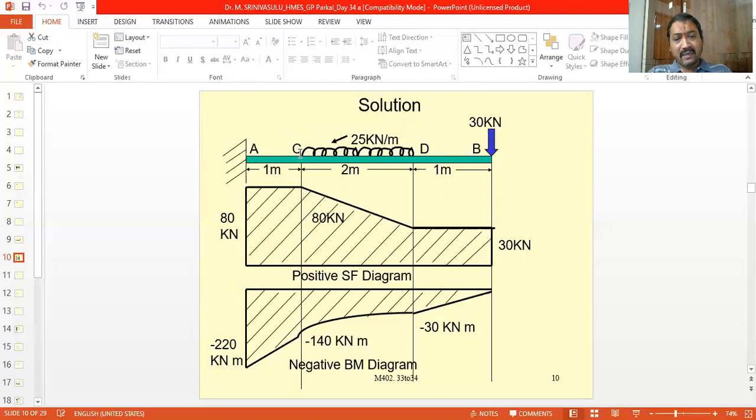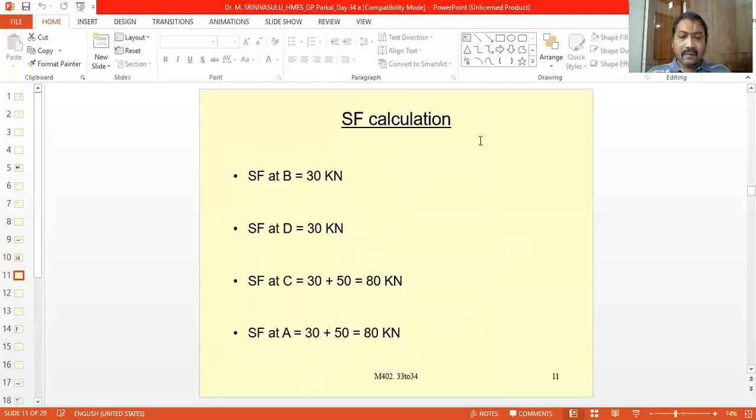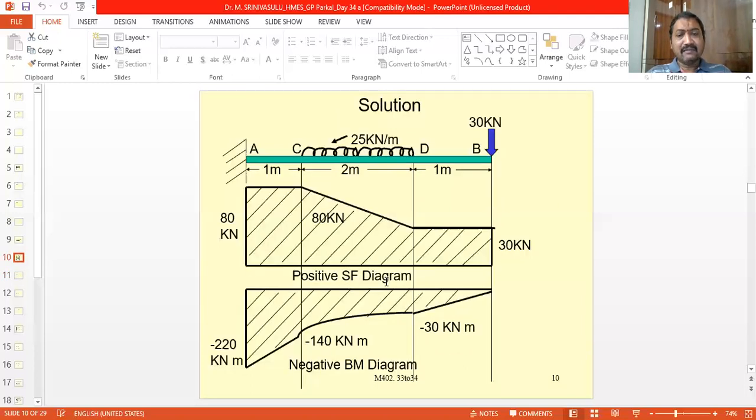So 25 into 2 is 50 kN, and this is 30. So the SF at C is equal to 30 plus 50, that is 80 kN. This is also acting downwards to the right of the section, so it is positive.